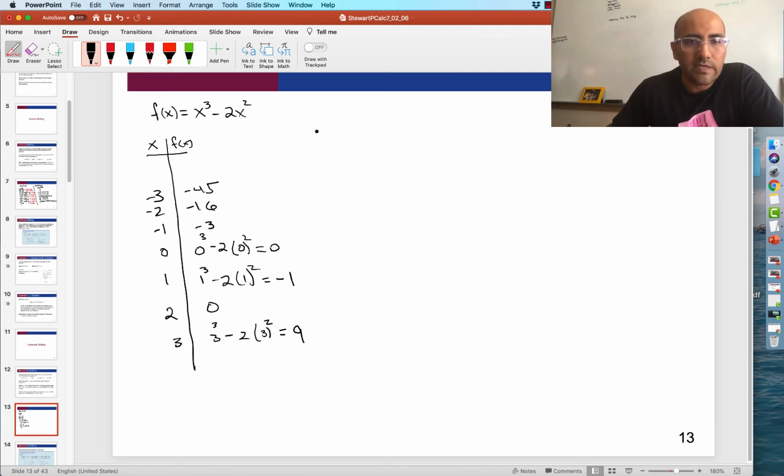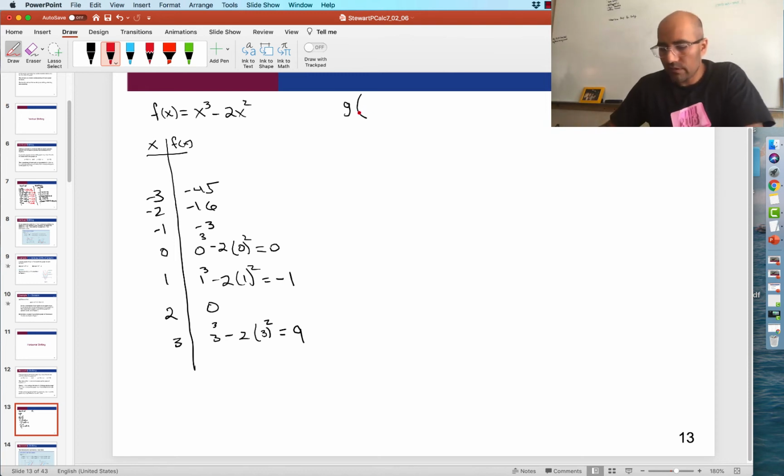What we want to do now is think about what happens with this new function. Let's put a different color on here to really pop out. My new function is y equals f of x plus 1.